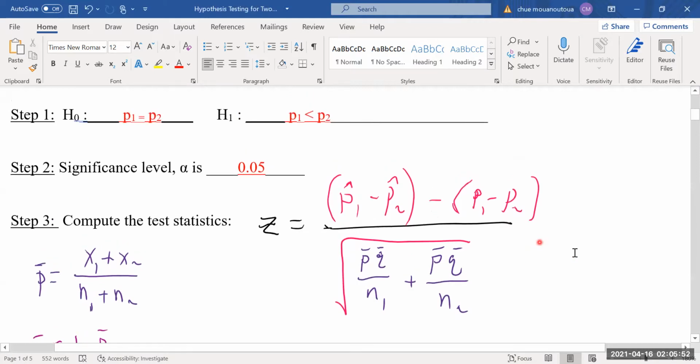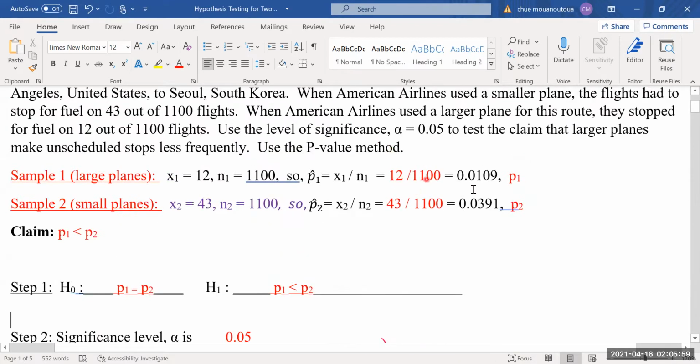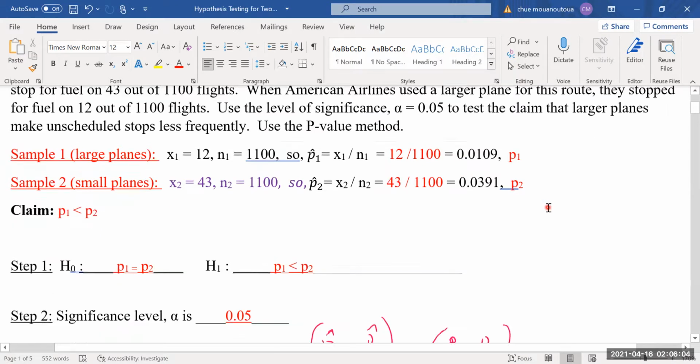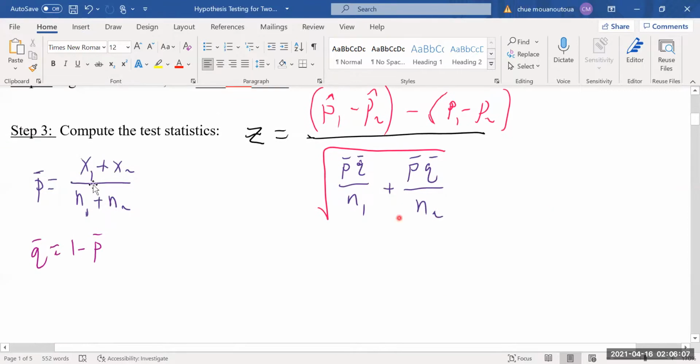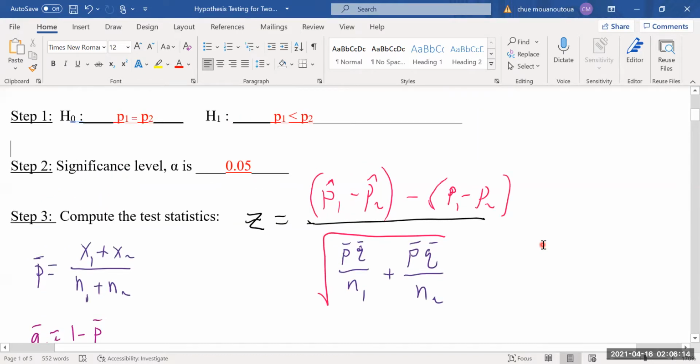So we know our P hat 1 and P hat 2, right? We just computed them right there. Okay, we just did that. And then we know our x1, x2, we know n1, n2. Let's compute the P bar here.